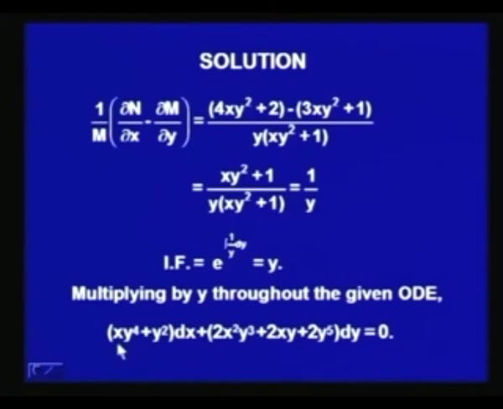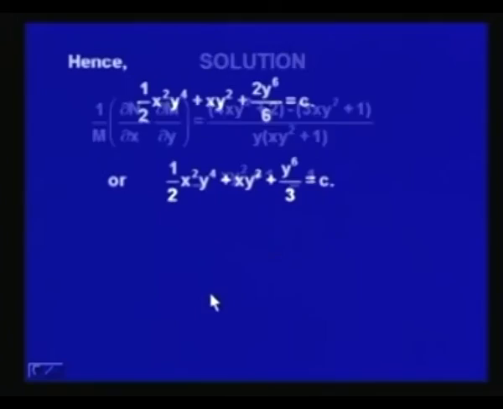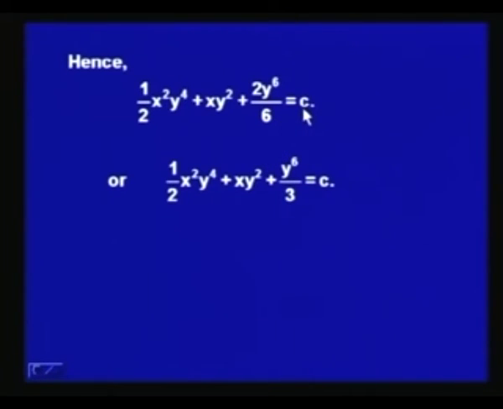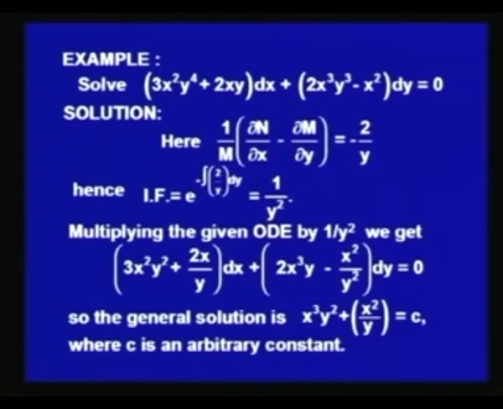Now this is an exact differential equation, and so the general solution will be integral of m with respect to x taking y as a constant, that is x square by 2 into y^4 plus xy square, plus integral of those terms of n which do not contain x, that is integral of 2y to the power 5 with respect to y, which will give us 2 times y to the power 6 over 6 equal to c, and hence we have half x square y^4 plus xy square plus y to the power 6 over 3 equal to c, which is the general solution of the given differential equation.